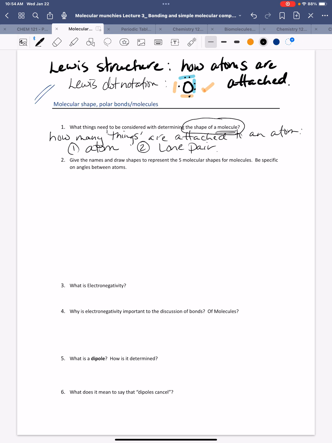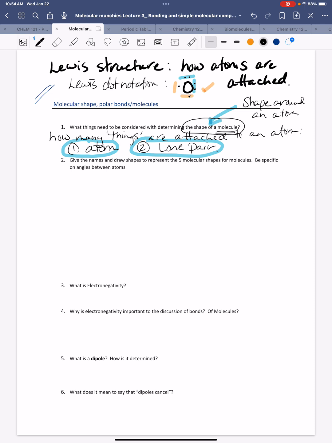We said lone pairs were going to be super important. So when we think about the atoms attached and the lone pairs, we can talk about the shape around an atom, and then we can ramp that up to the molecule itself. We're going to start small, and then build into the biomolecules that we've spoken about.